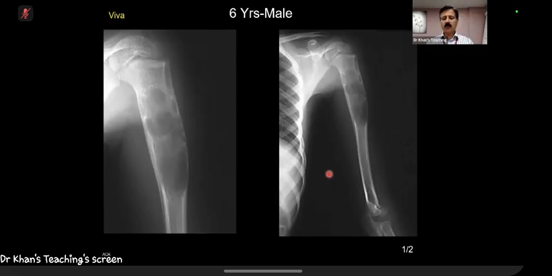Here you are. So simple bone cyst number one, because of the reason which I have told you, and it is more central. Please remember that there is a concept of what we call migration of cyst. In simple bone cyst, the cyst will be at a metaphysis, and as the kid grows, the lesion might shift into the diaphysis.